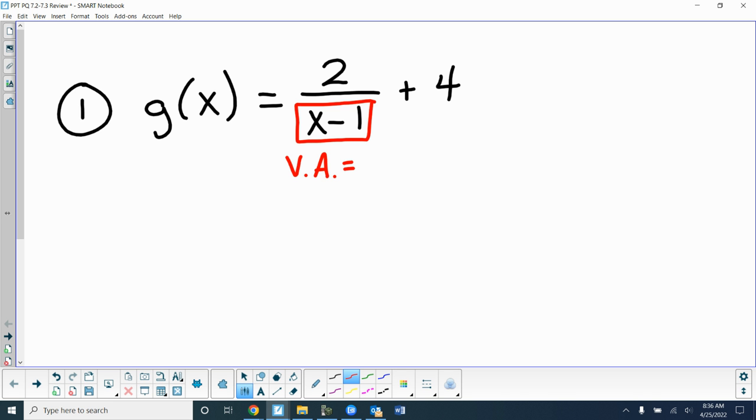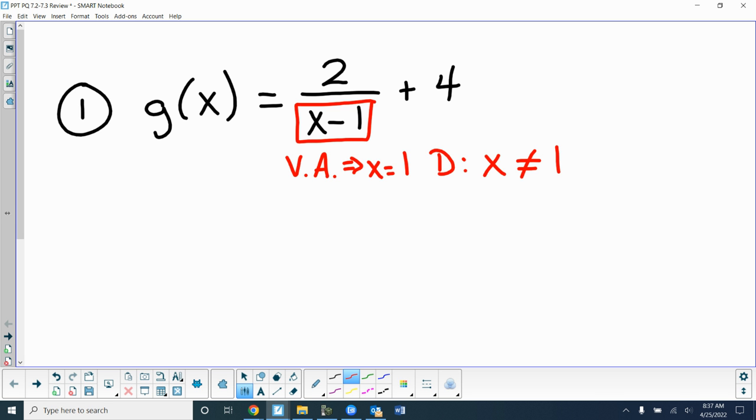So what makes that 0? So therefore my domain is x cannot equal 1. All real numbers except 1 is the domain. So we've just been writing it like that, okay?